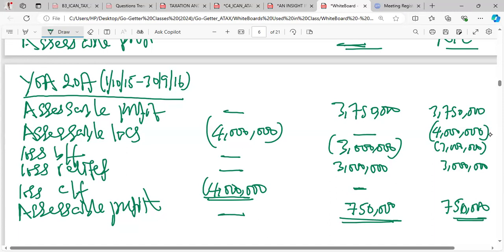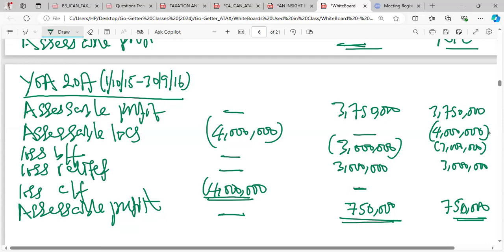So you see here, there is no accessible profit. That's why it is dash. There's only a loss which is being carried forward. Here there is 3,750, and we have a loss of 3 million. So when you take away 3 million from this 3,750, you have 750.